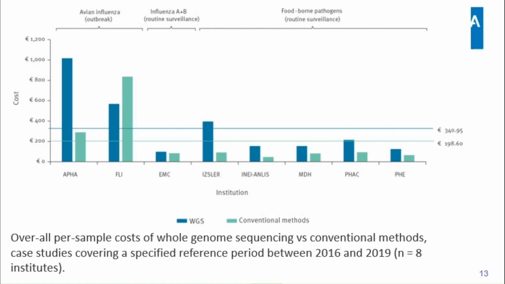And what you see is that genomics, and this is in pounds, is always a little more expensive on average. It's like a third more expensive than using traditional approaches, which typically are PFGE.